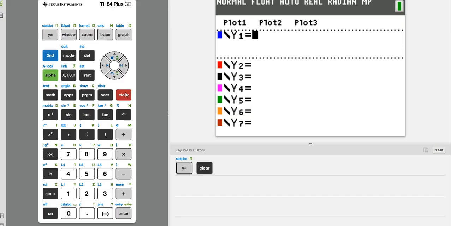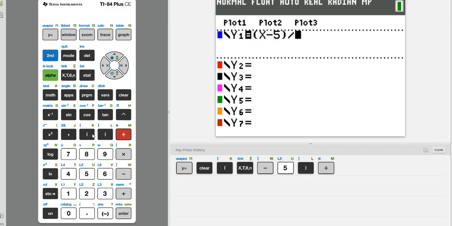And I'm going to teach you something new and cool about your graphing calculator, at least some of you that haven't had me before. Here's the way that will work for all of you though. Left parenthesis, x minus 5, divided by parenthesis, left parenthesis again, x plus 2, and then a right parenthesis there.